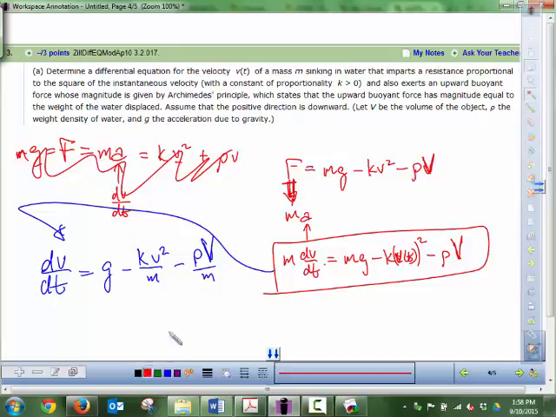Let me highlight the variable. There's no t's in there. What's it called when you don't see the independent variable on the other side? It's an autonomous differential equation, which means it's a separable differential equation.